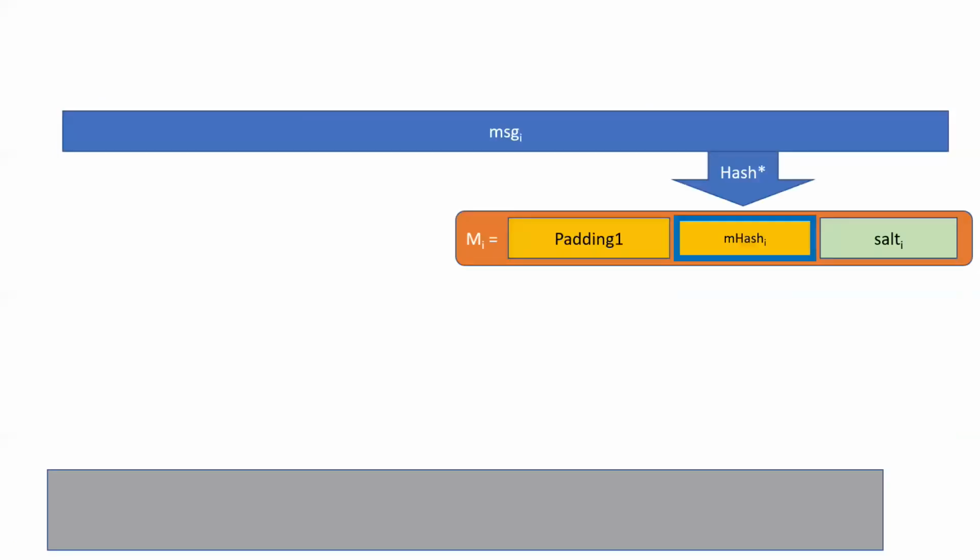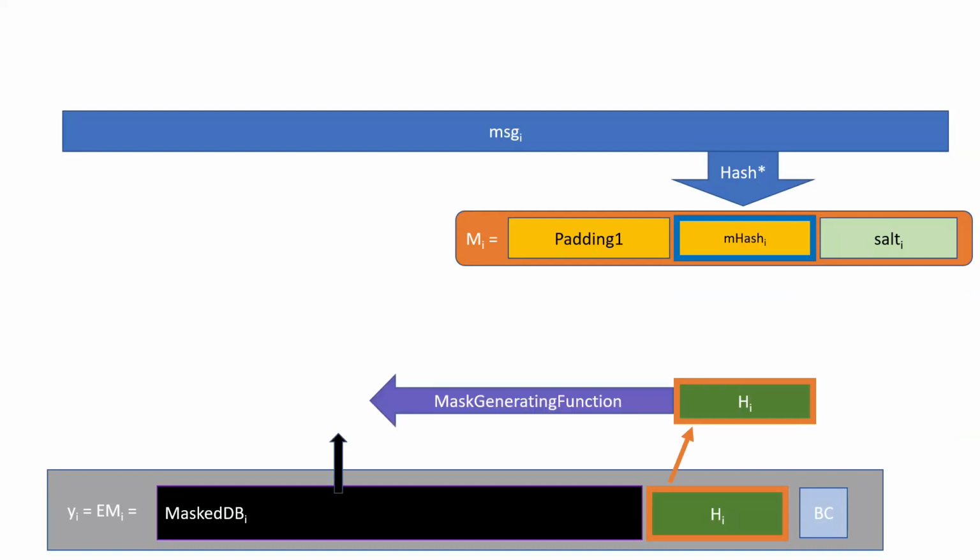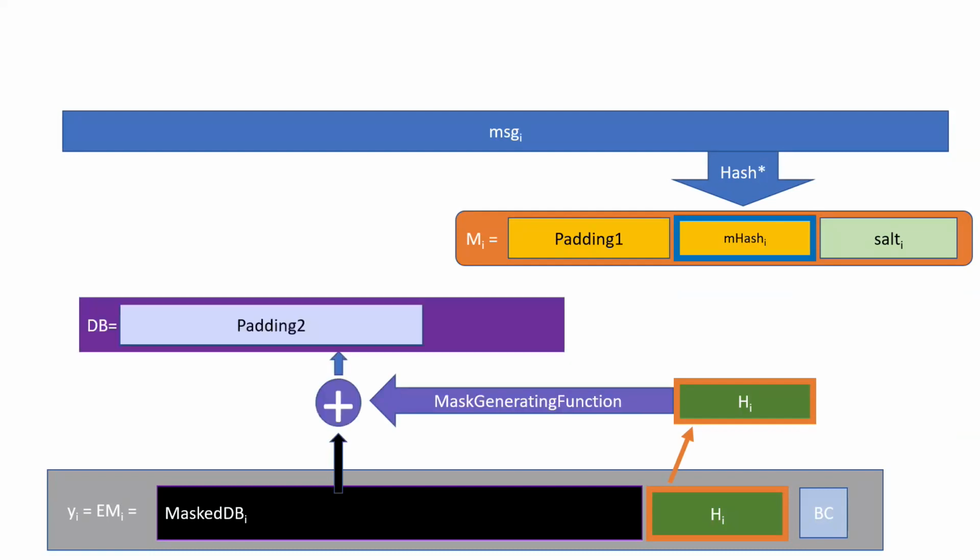So in order to make sure that we program it correctly, we take this H from this challenge YI and make sure that the mask generating function, when you feed it the H, produces the correct salt that came from that M. So this is where the salt came from.